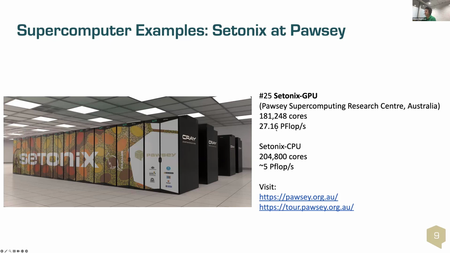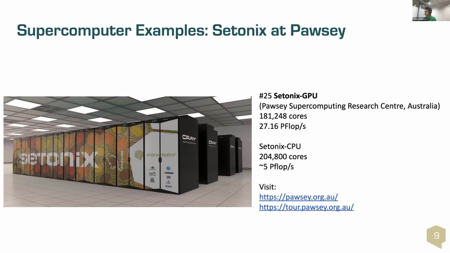The real capacity of the Setonix GPU part, as measured, is 27 petaflops. Although, as you may know, Setonix also has a large partition of CPU-only nodes. This one has not been listed, but from our measures, it's around 5 petaflops of capacity.